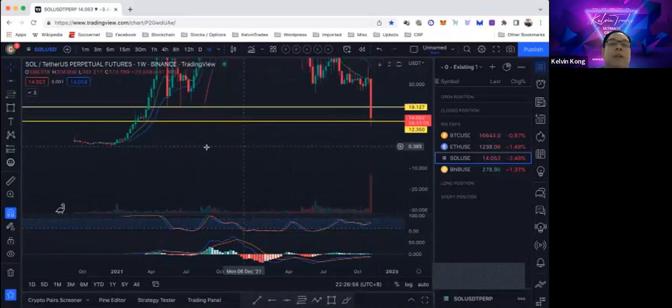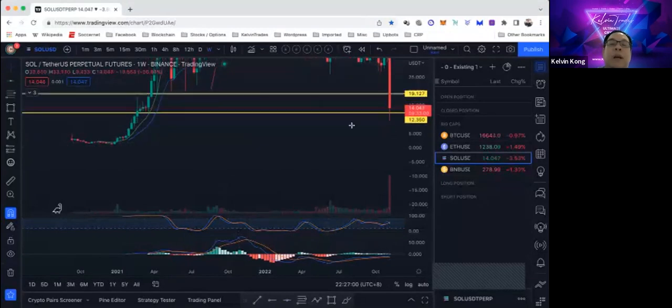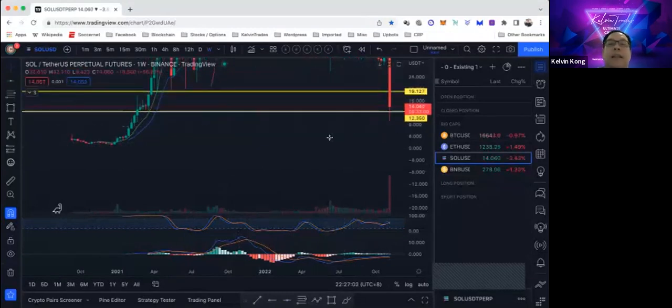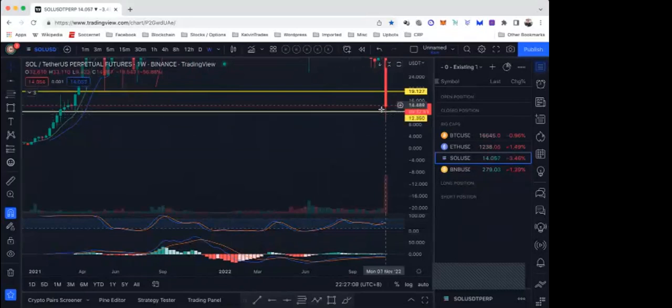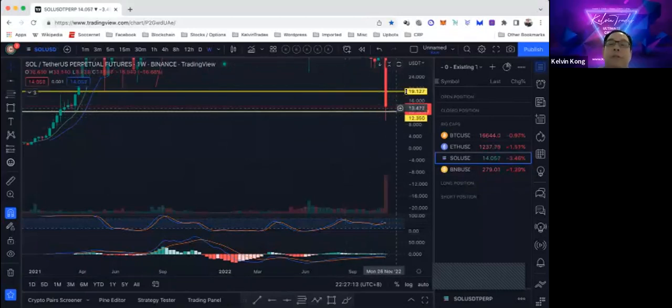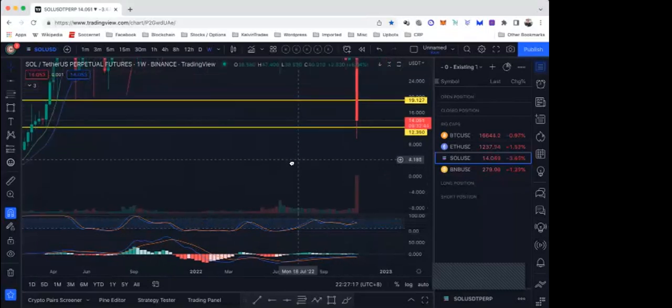I don't think I need to tell you all what to do already, once it breaks this support. If you all still don't know what to do, nothing to say. So if it breaks this support, what should you all do? Short. Yeah, short, right? If it bounces, what should you do? Long. You see, you all know.